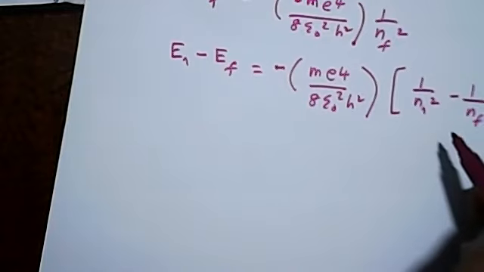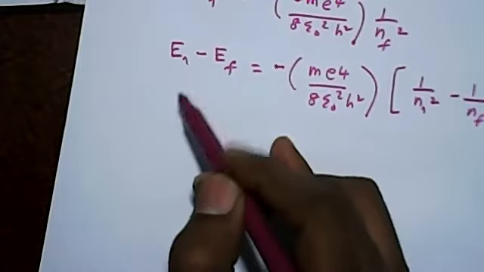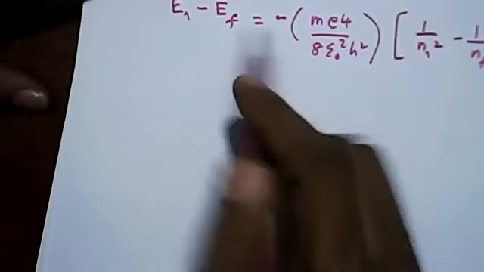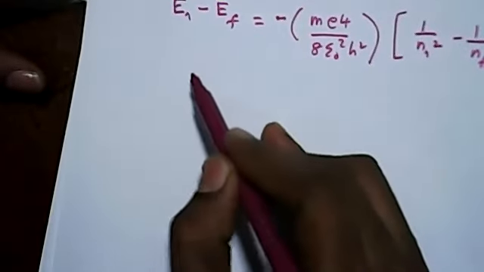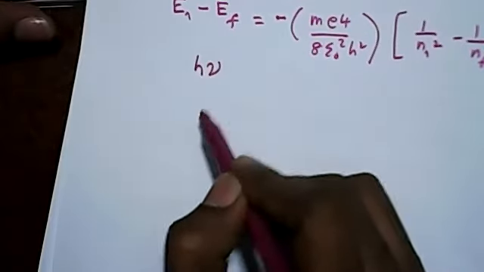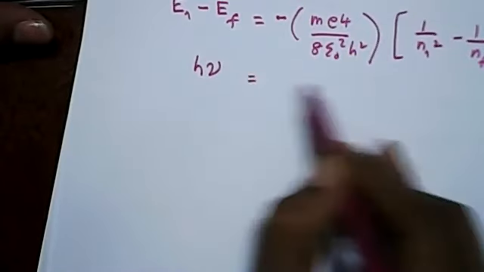Now this difference in energy is radiated as a photon, so you can write E_i minus E_f equal to h nu, or h cross omega. So h nu equal to this one.